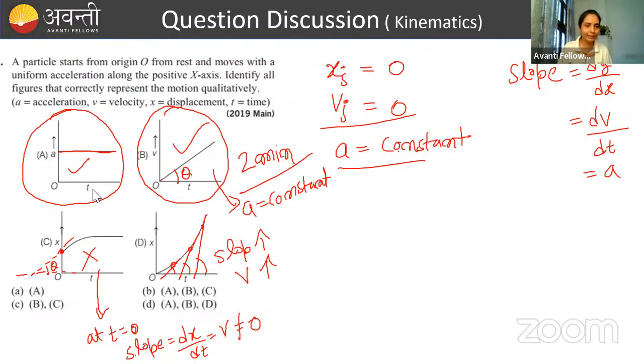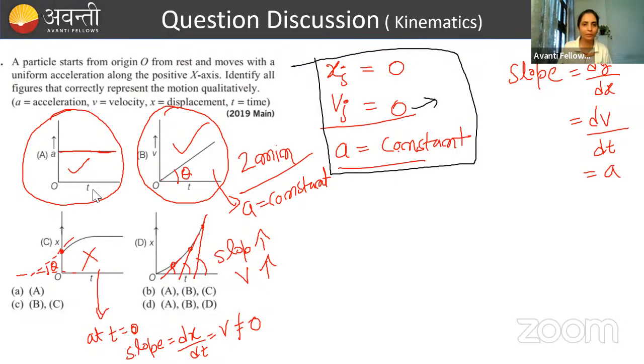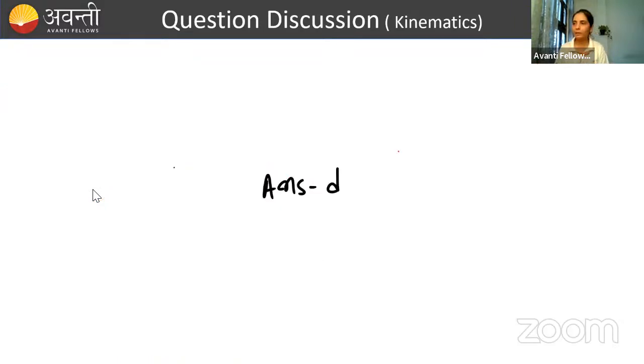And in the case of our question, will velocity increase or decrease? Initial velocity is 0, acceleration is constant, positive acceleration is there along the positive x-axis. So definitely if acceleration is positive, it's not retardation. Our velocity will increase with time, and here also velocity is increasing with time. So this is correct. So the correct option should be D. Okay. I hope it is clear. Anyone having any doubt in this?